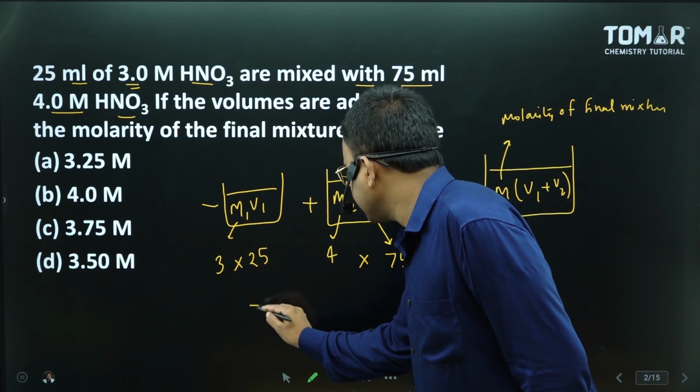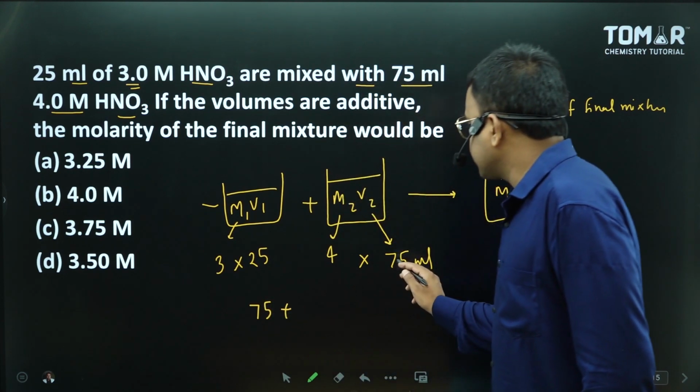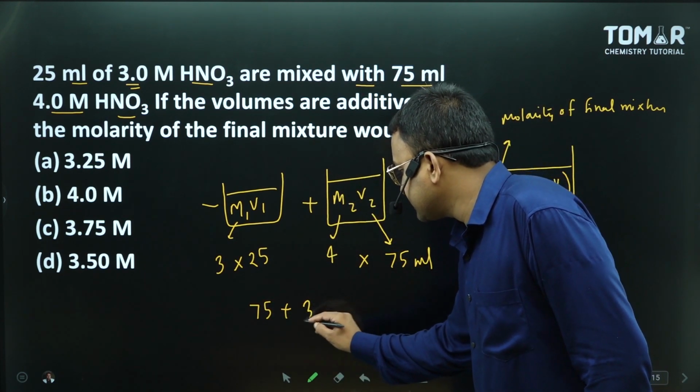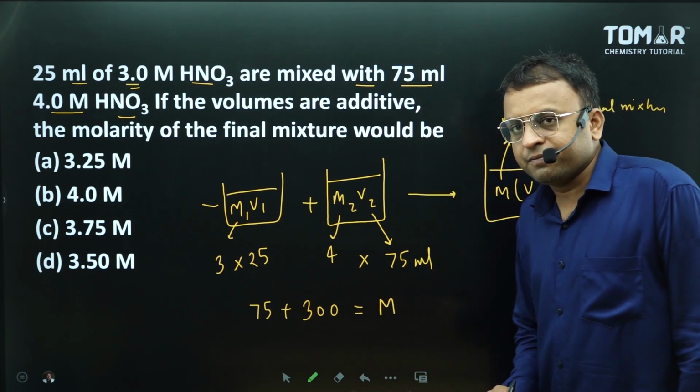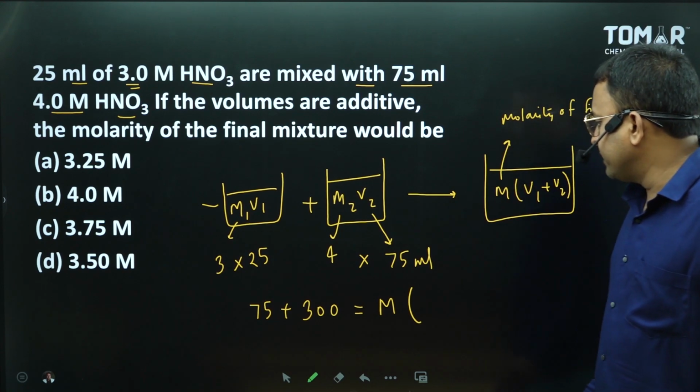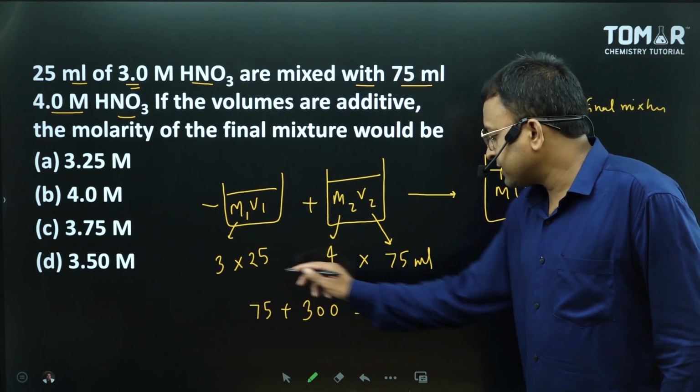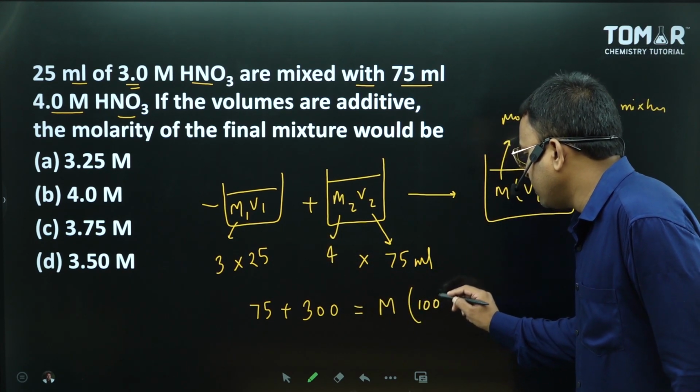25 into 3 is 75, plus 75 into 4 is 300, equal to M, the molarity of the resulting solution, into the volume, which is 75 plus 25, that is 100 ml.